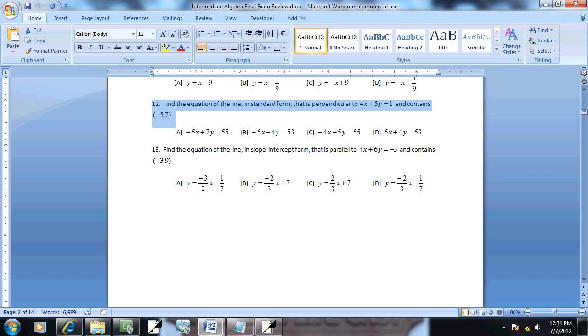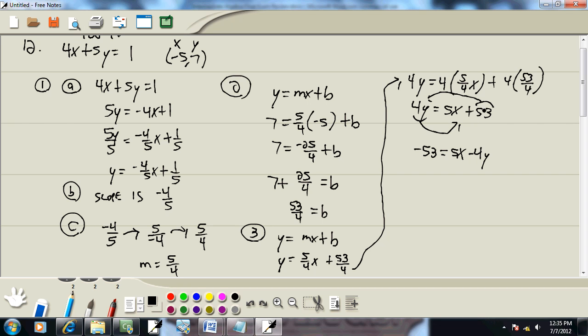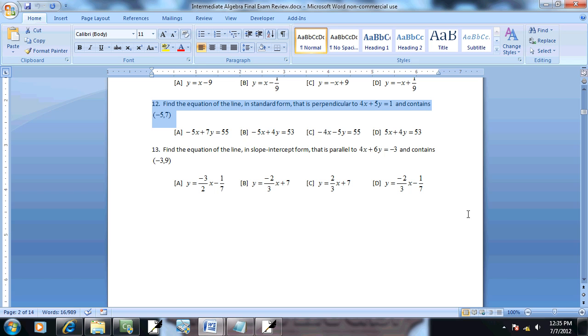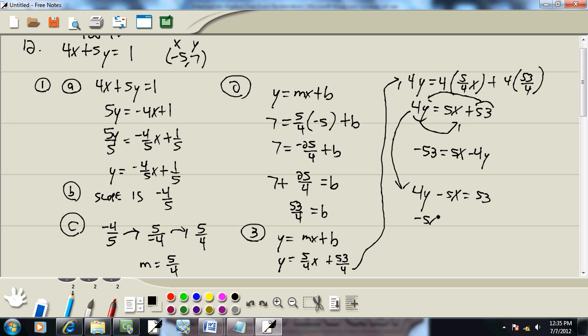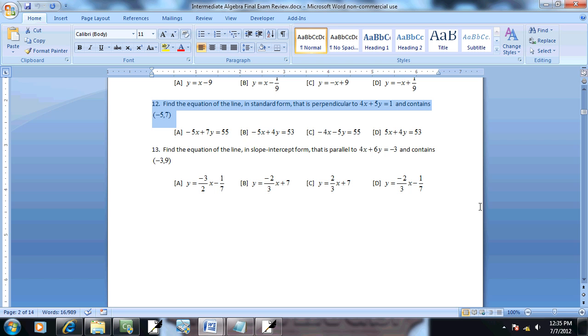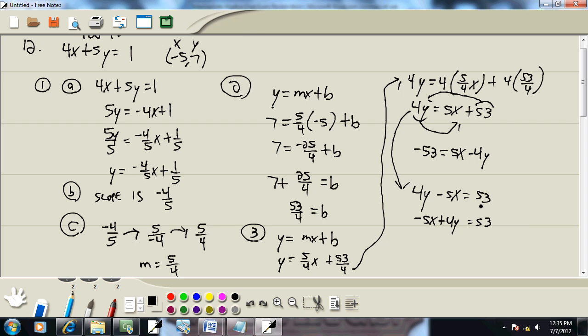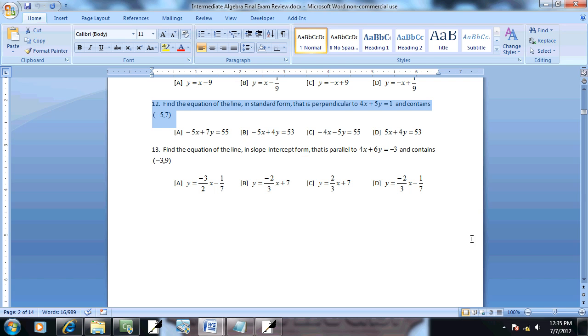They go ahead and leave the first variable, the x, with a negative number. So what they do here is they take the 5x to the left side. So you've got 4y minus 5x is equal to 53. If I reverse those, that gives me -5x plus 4y equals 53. Looks like B is the answer.